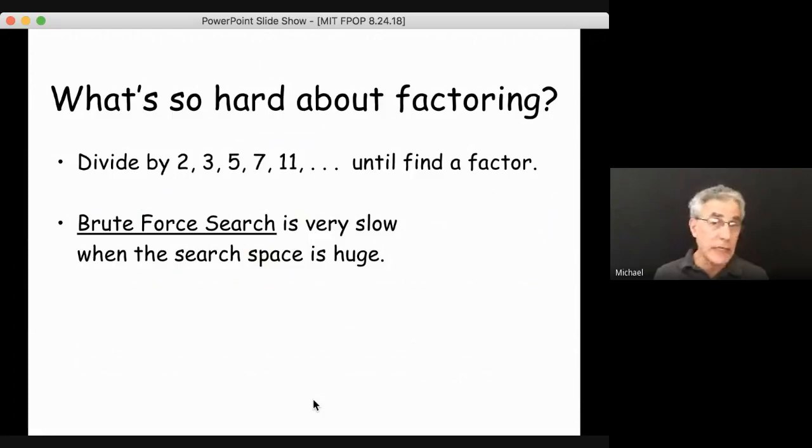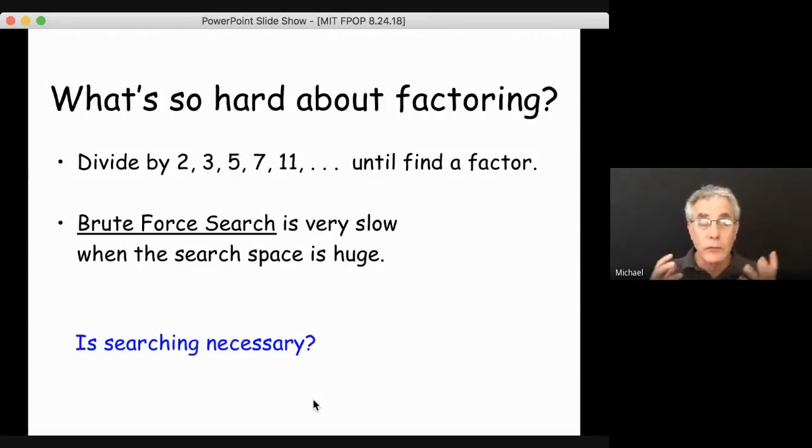Now, the thing is, no one knows whether that's possible. It's conceivable that the only way to factor big numbers is to use search, and therefore factoring would be an intrinsically difficult problem to solve, even for a computer. And that's at the heart of what we're going to be talking about today: problems that can be solved by searching, but that's very slow.